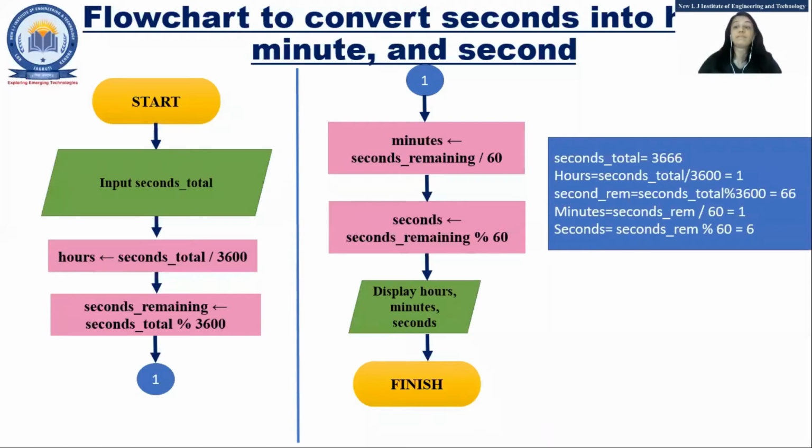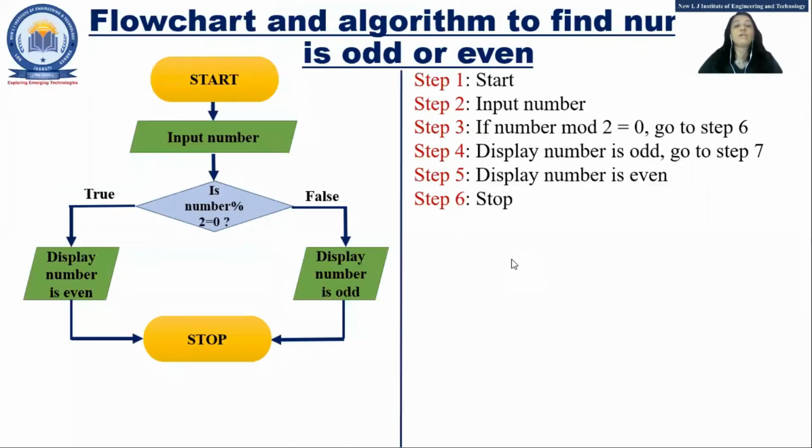Another example can be asked in which you will be given total centimeters, and you convert it into meters and centimeters, or it may be kilometers, meters and centimeters. This type of example can be asked. You can find it out using these two operations: normally division and modulo. Clear?